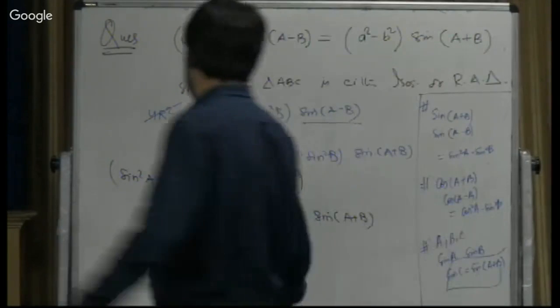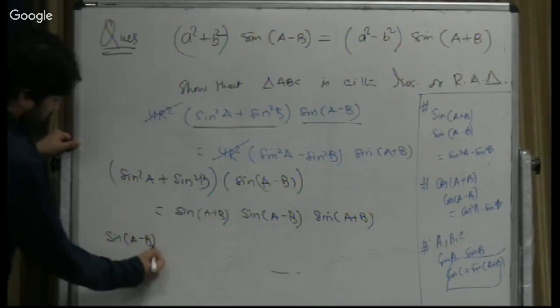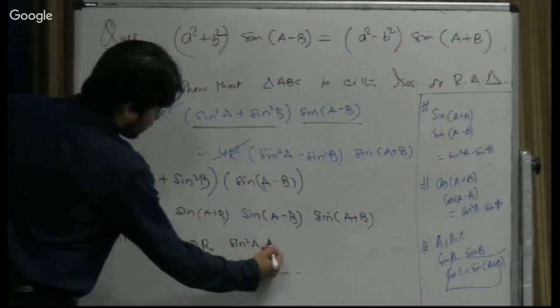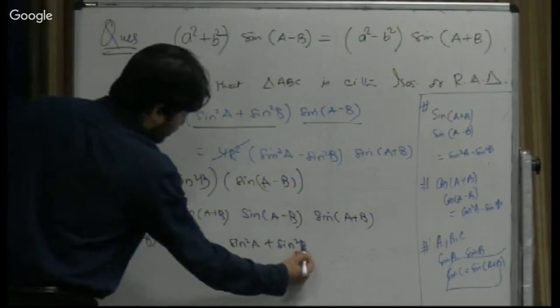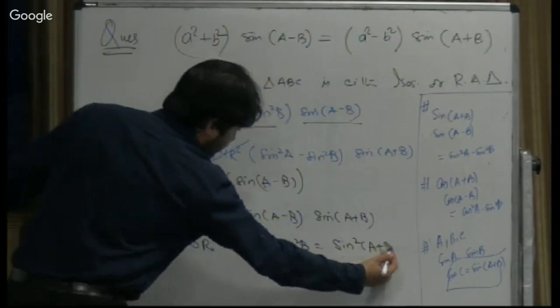So we can say sine a minus b is equal to 0 or sine square a plus sine square b is equal to sine square a plus b.